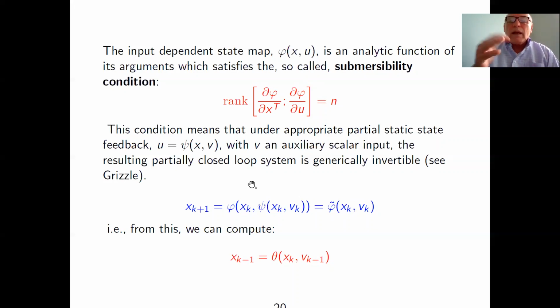And therefore you will be able, with some luck, to invert the system. So there will exist some feedbacks that allow you to make an inversion of the system. By inversion, we mean that we will be able to obtain previous values of the states by means of inverting this nonlinear map.